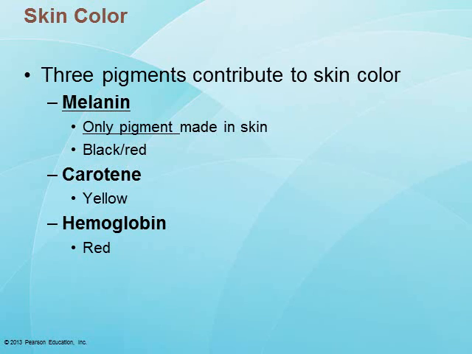Melanin is the only pigment that's made by your skin. It's normally the darkest color, like black and brown. It's made in your skin and gives your skin color, your lip color, and in fact your eye color and also your hair color. Those are generated in your skin.